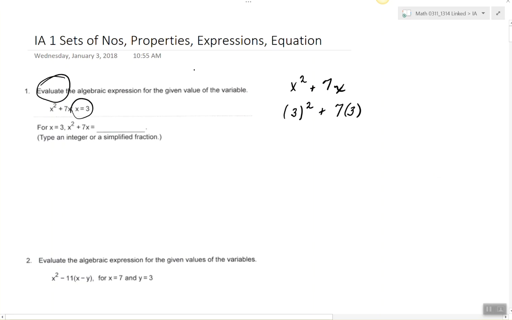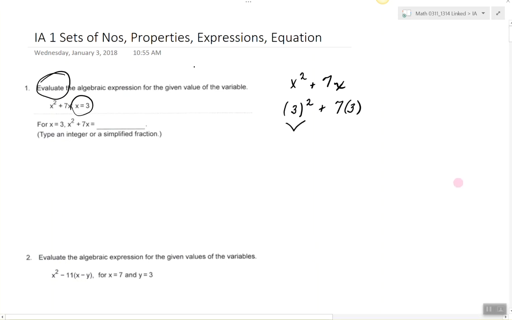I'm going to put my replacement values in parentheses, and I think that's important, especially when the replacement values turn out to be negative. So using my order of operations, please excuse my dear Aunt Sally, I'm going to do this exponent first. 3 times 3 is 9, plus 7 times 3. Then I'll do my multiplication. So this is 9 plus 21, which gives me 30.